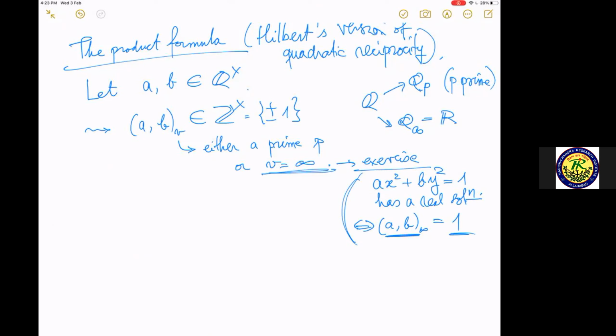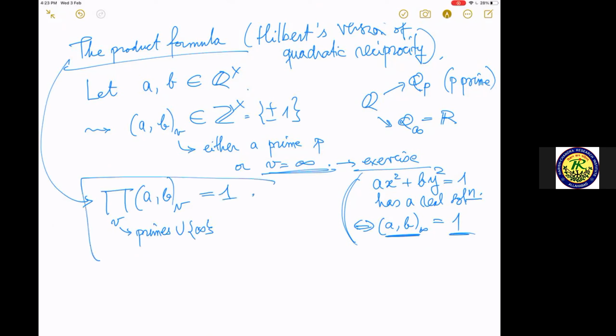Okay, so what is the product formula? The product formula says that if I take the product over all v of (A,B)_v, where v runs over primes union this little funny thing called infinity, the product is equal to 1.